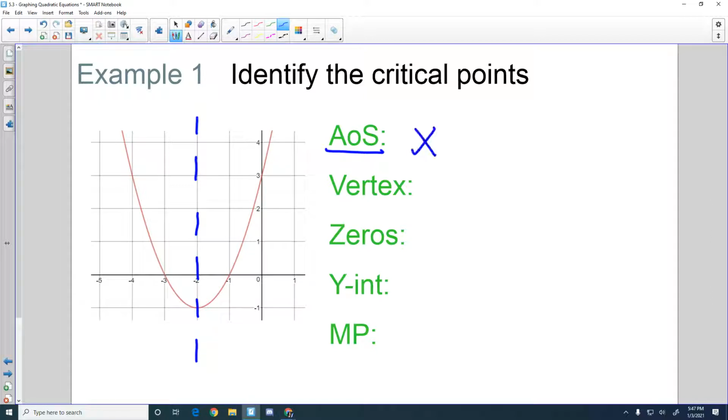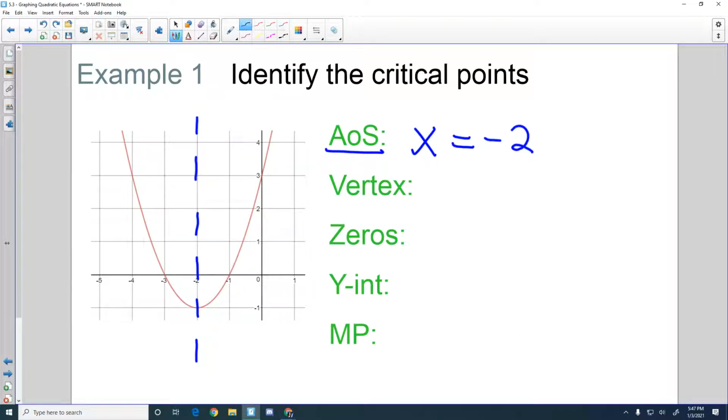It's going to be always x equals, because it's a vertical line. So remember, a vertical line has the equation x equals, and then the number is whichever point on the x-axis that the line crosses. And we can see right there that this axis of symmetry is at the point where x equals -2. So that's the axis of symmetry.